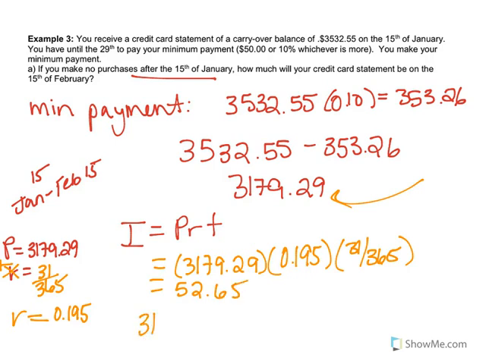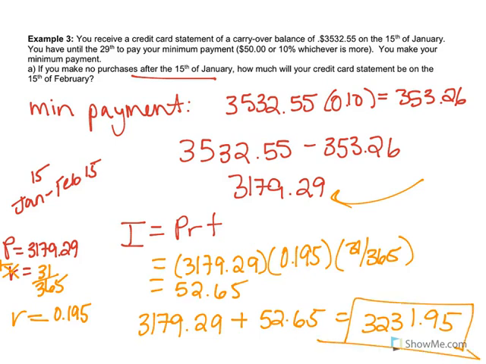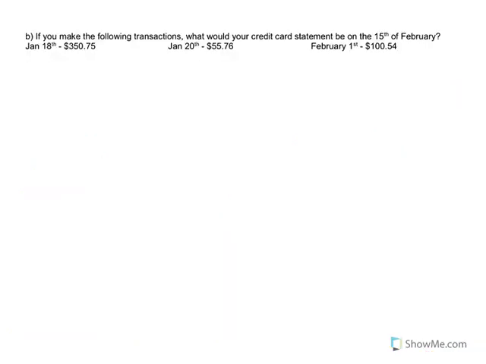So your credit card statement's going to come in on the 15th of February, and it's going to say $3,231.95. So that's what your statement is, and you made no more purchases. That's what's really important there. Okay, part B. If you make the following transactions, what's your statement going to be on the 15th of February?